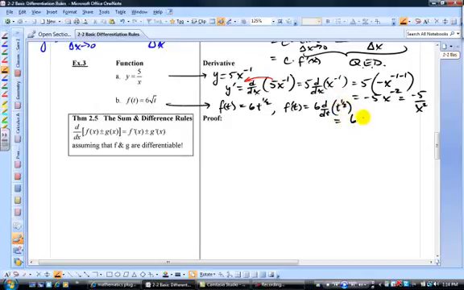And that's going to be equal to 6 times 1/2 times t to the 1/2 minus 1. Well, we know that 6 times 1/2 is 3. 1/2 minus 1 is negative 1/2. And then you rewrite it using positive exponents, 3 divided by root t. Because when you have a negative exponent, you shift it to the denominator, so you get t to the 1/2, and t to the 1/2 is just root t.